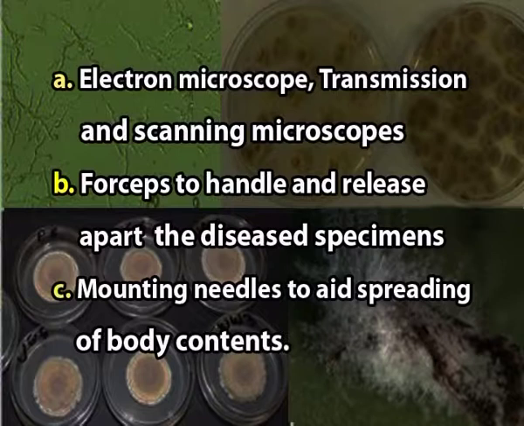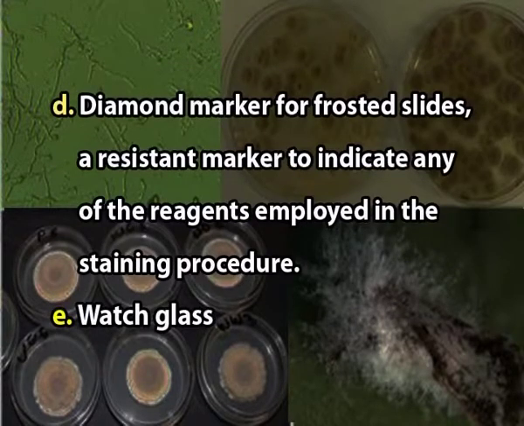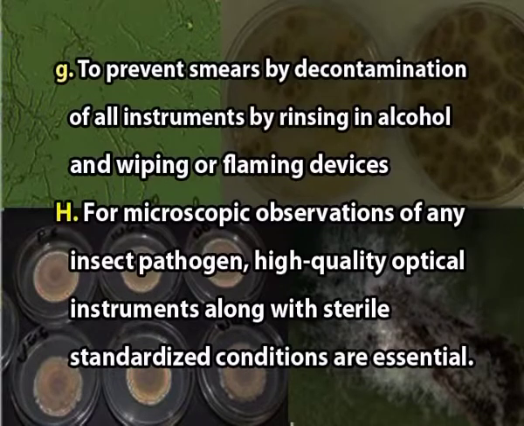Electron microscopes, transmission and scanning microscopes, forceps to handle and tear apart the diseased specimens, mounting needles to aid spreading of body contents, a diamond marker for frosted slides, a resistant marker to indicate any of the reagents employed in the staining procedures, watch glasses, and decontamination of all instruments by rinsing in alcohol and wiping or flaming devices.